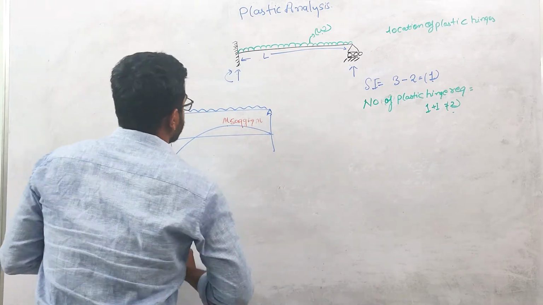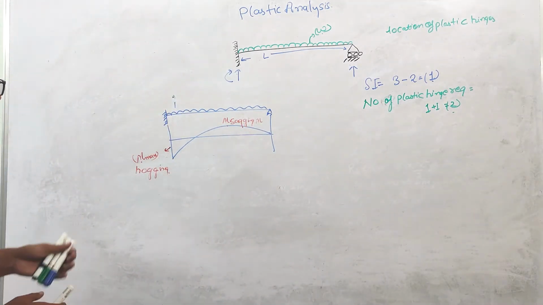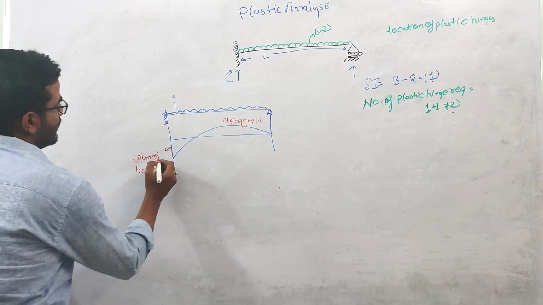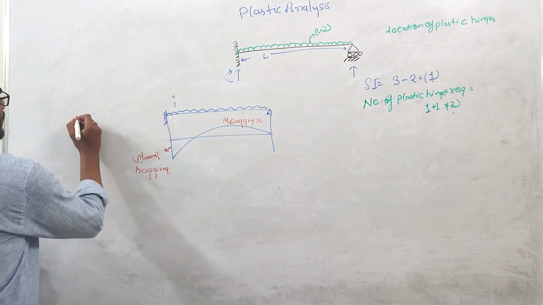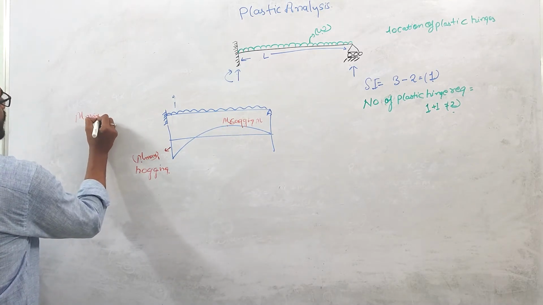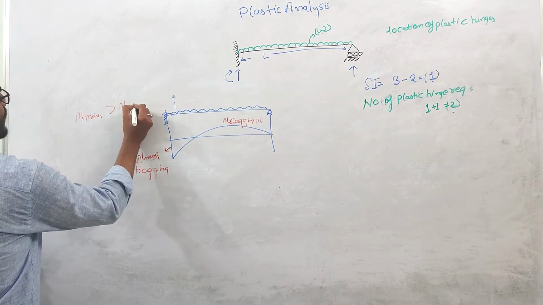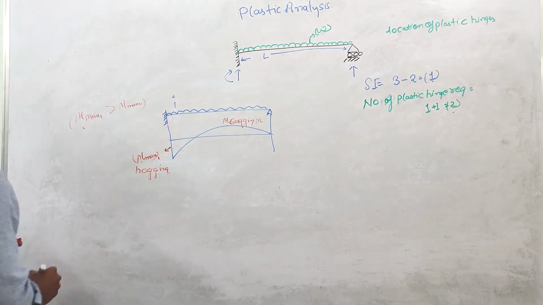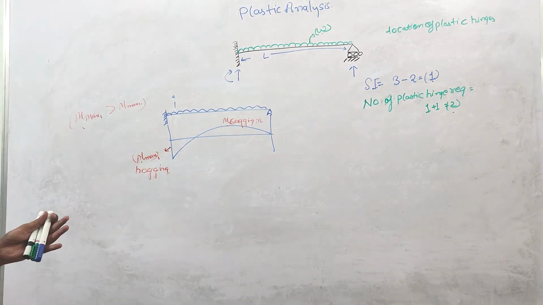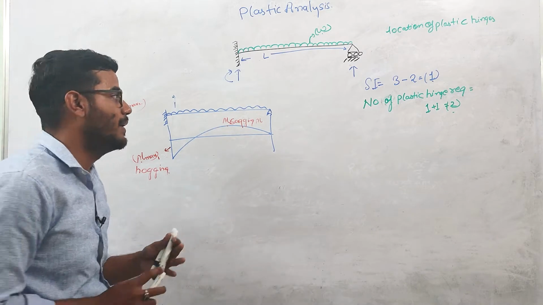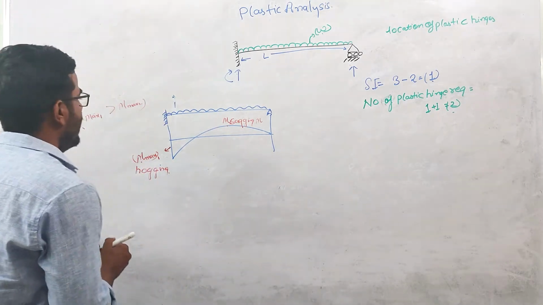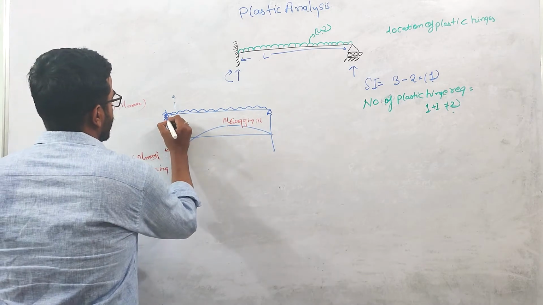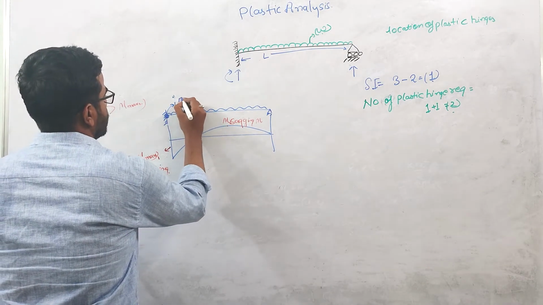Let us suppose this is Mx1 and this is Mx2. So Mx1 is greater than Mx2. We have already discussed this while discussing the incremental load method. This moment is greater than this moment, so the first plastic hinge will form at this location. This is the location of the first plastic hinge.